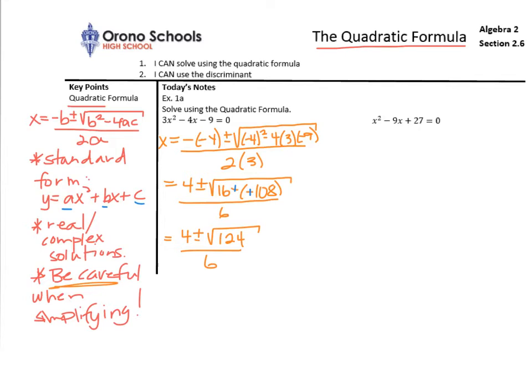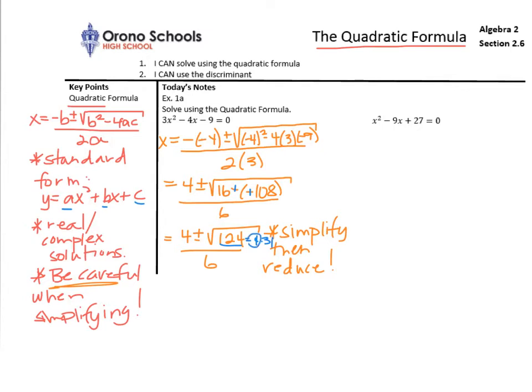Now at this point, you're going to want to simplify the square root, then reduce the fraction if possible. So simplify, then reduce. 124 isn't a perfect square, but it has a perfect square factor. That's 4 times 31.